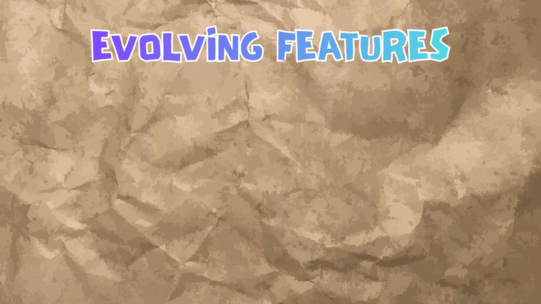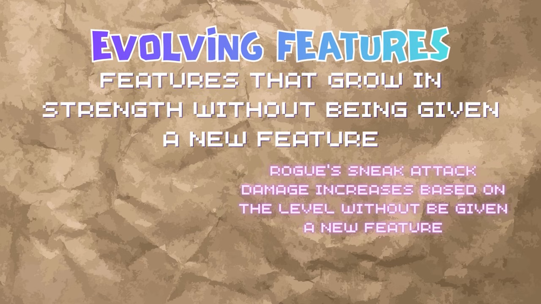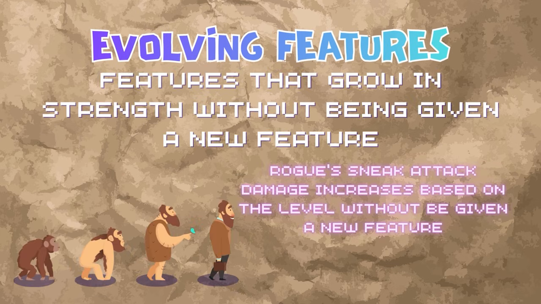Something I also noticed when examining these 4 classes is that they typically have 1, maybe 2 features that tended to evolve as they leveled up, such as sneak attack damage or rage damage and uses or key points, stuff like that. It would be a good idea to think of something similar for your class, but it isn't necessary if you don't want it.